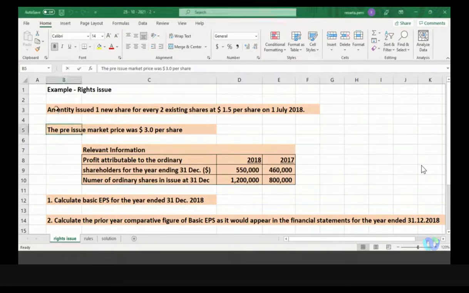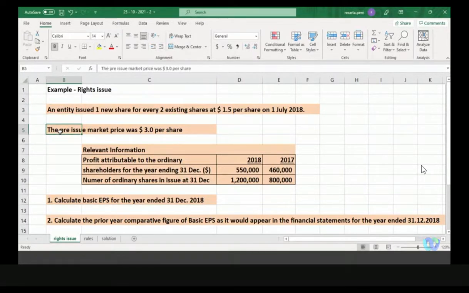We have an entity that has issued one new share for every two existing shares. The price that is applied is $1.5 per share on 1st of July 2018. Actually, the pre-issue market price was $3.